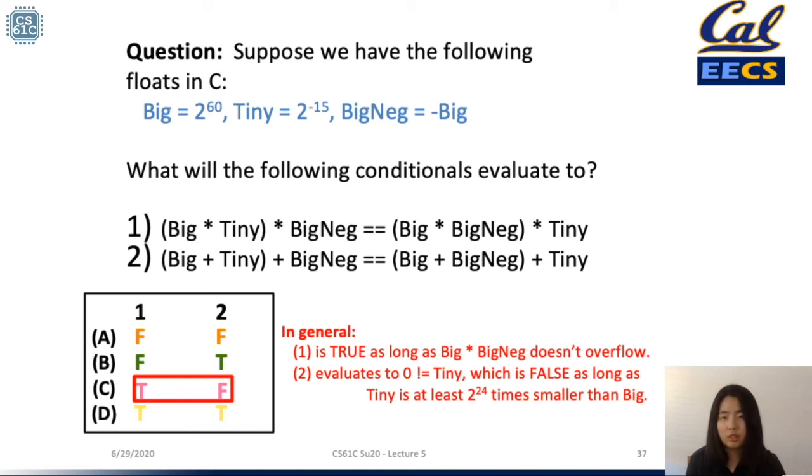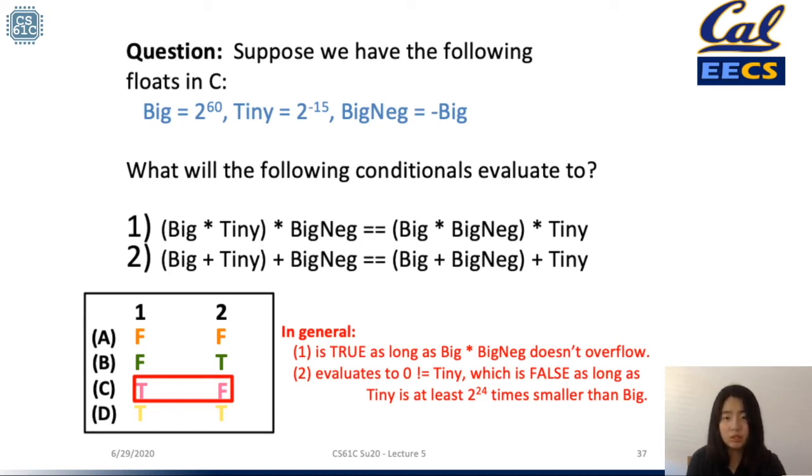The reason is that big is a very big number and tiny is a very tiny number. When we're trying to add a tiny number to a big number, we don't change the exponent, only the significand. So when we add 2 to the 60 and 2 to the negative 15, we need to change the significand, which is 75 digits after the binary point.